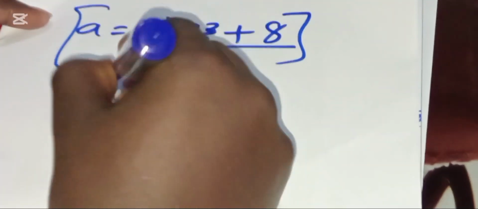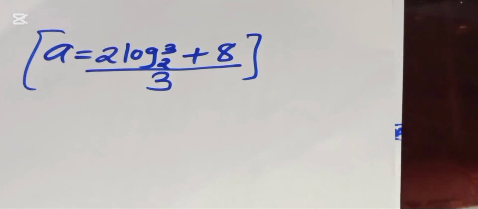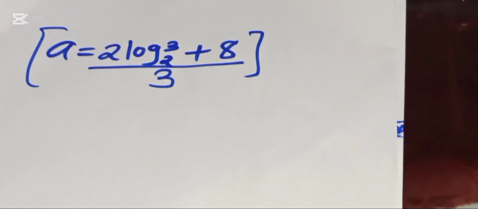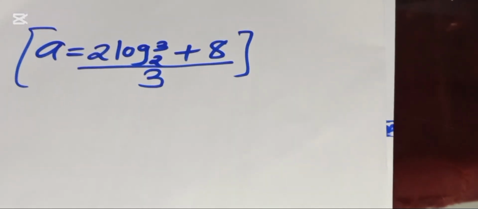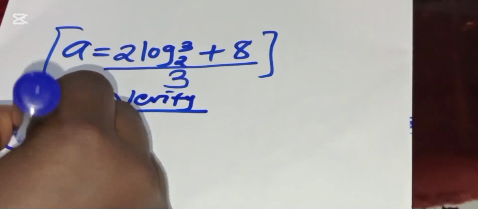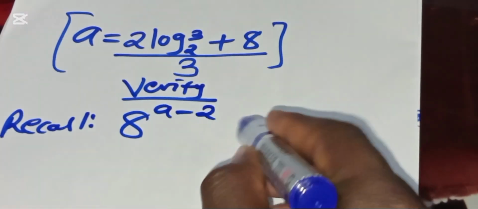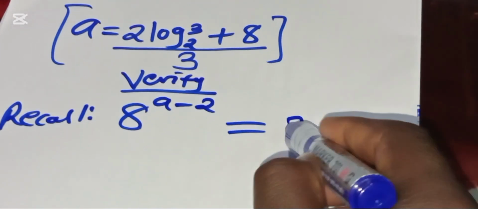So let's verify that the value of A satisfies the equation. Now if you recall, we had that 8 raised to power A subtract 2 is supposed to give us a value of 36.